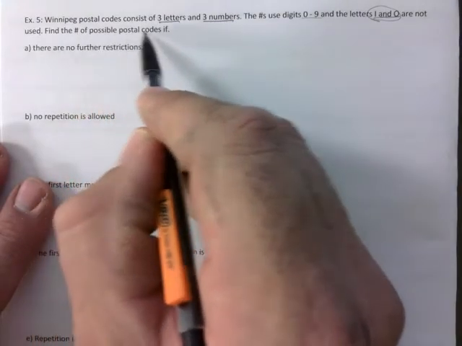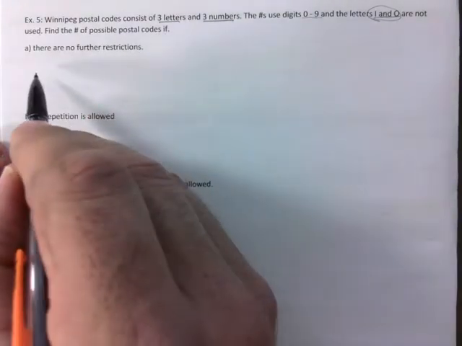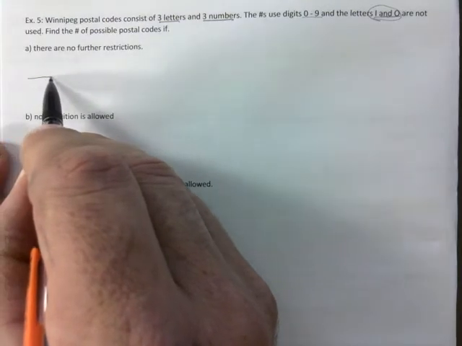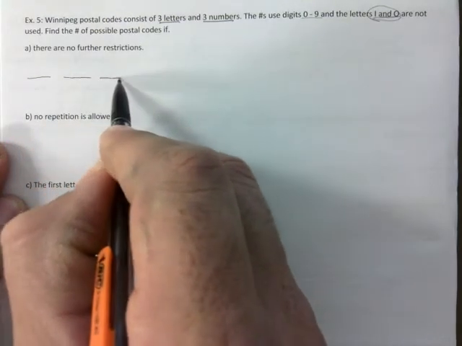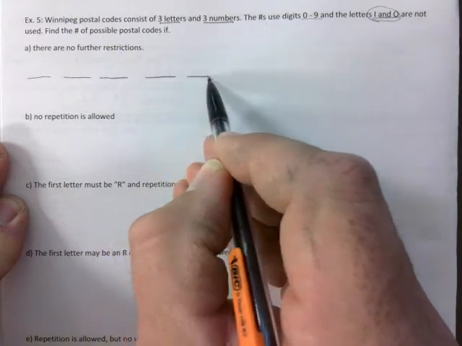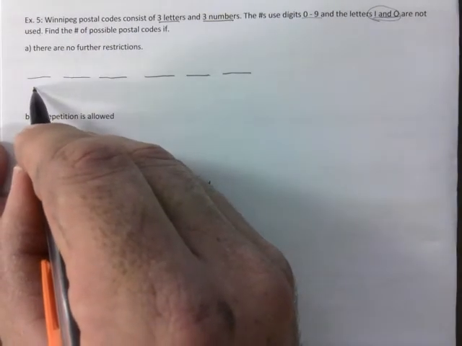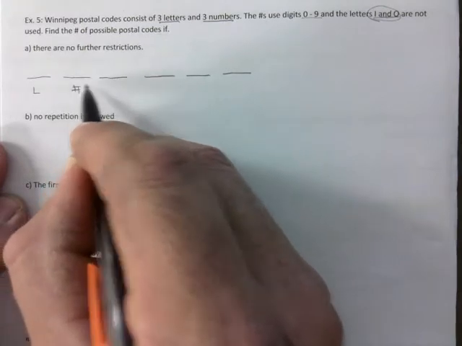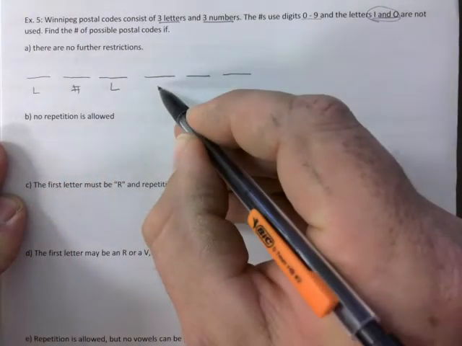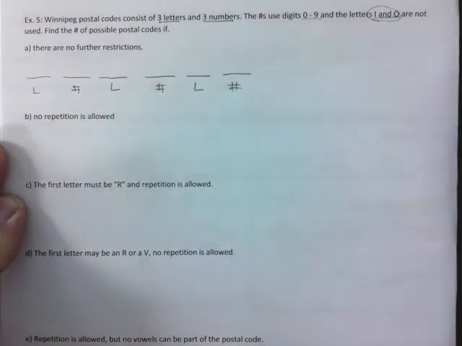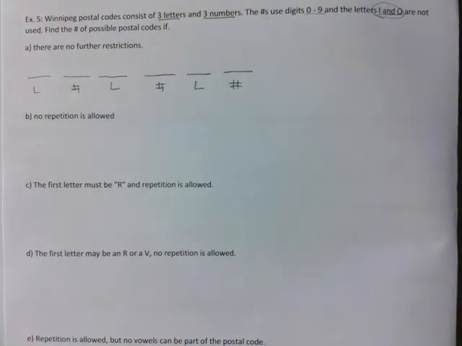Find the number of postal codes. I will start the first one for you. A postal code has 6 slots in total, and it's usually letter, number, letter, then number, letter, number. I would actually give this to you on a test, I wouldn't make you guess.